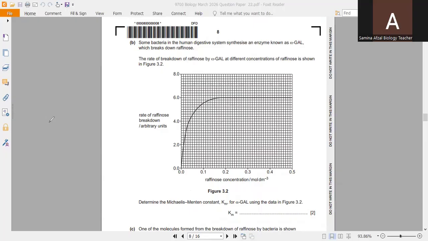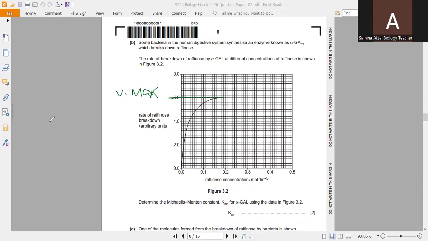So here you can see that they have shown us the Vmax, which is at 6. This point is Vmax.